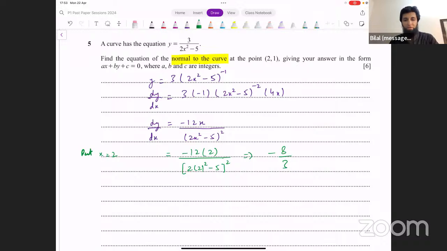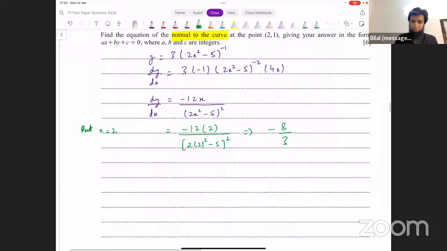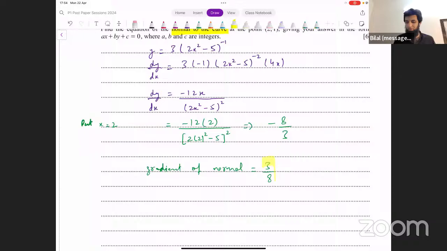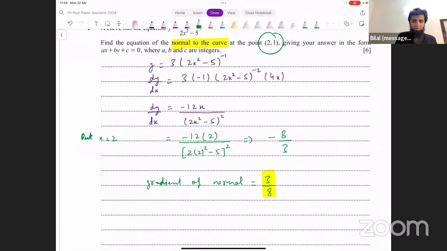What about the gradient of the normal at this point? We would just take negative reciprocal of this. Okay. So the gradient of normal is going to be 3 over 8, negative reciprocal of that. So now we've got the gradient. We already had the point given. The point was 2 and 1.